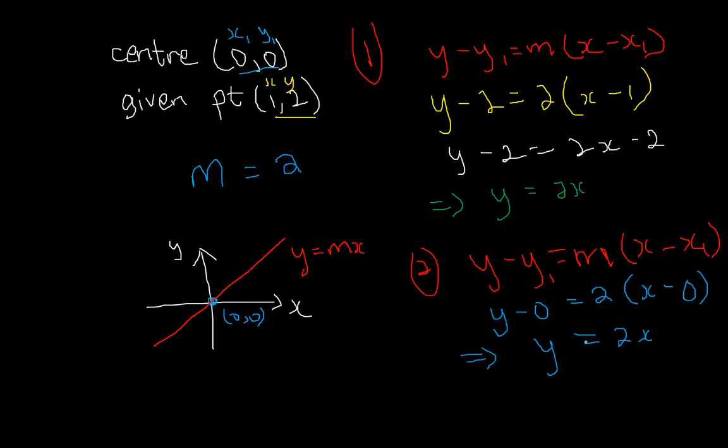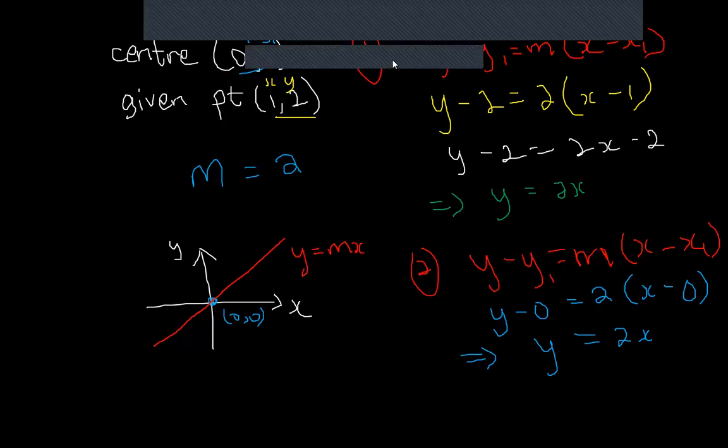And notice, same answer. This one up here, I used the given point and I got y is equal to 2x. This one down here, I used the center and I still got y is equal to 2x. So that was just to prove to you, use either point when finding the normal, remember that, not tangent, normal. When finding normal, you could use either point.